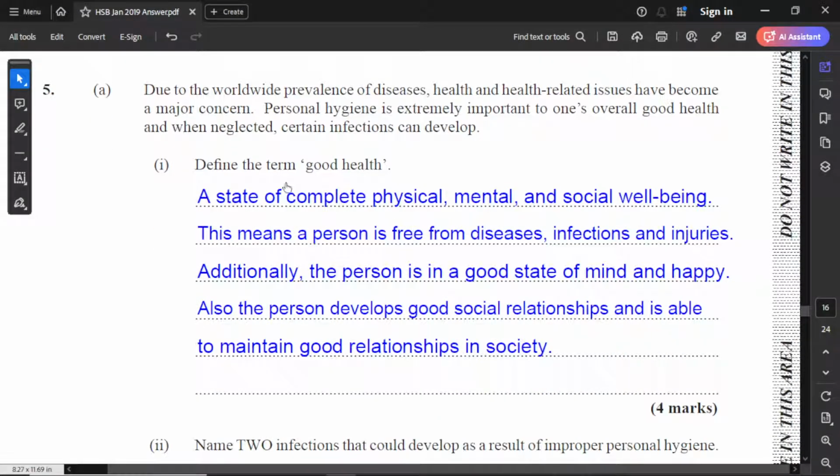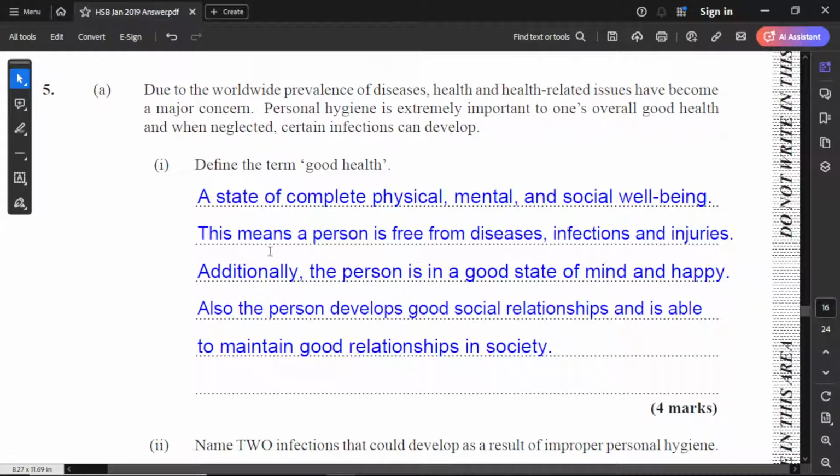Here it asks us to define the term good health, not just health, but good health. For 4 marks, I was a little concerned, but what I did is expound on the statement, because good health is really a state of complete, keyword, complete, not just a state of, but a state of complete physical, mental, and social well-being.